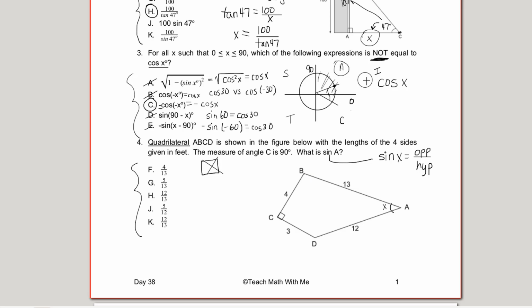Let's play around, but let's see what happens when we draw this line length right here to connect between B and D. When we do that, we can see that we've made a 3, 4, 5. That is a Pythagorean triple right here of this triangle, a 3, 4, 5. So that would make that length 5. Now we can find the sine using this definition if we have a right triangle. How do we know if we have a right triangle?